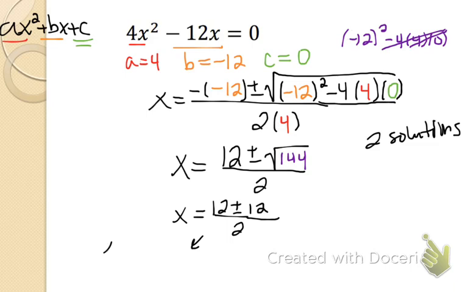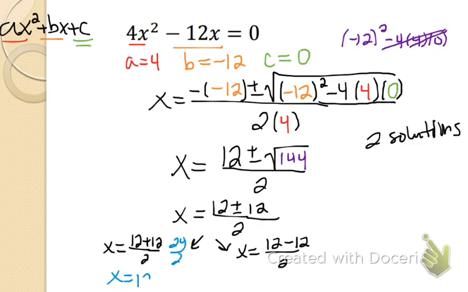So we have two answers. x is equal to 12 plus 12 divided by 2, and x is equal to 12 minus 12 divided by 2. In the first solution, we end up with x is equal to 24 over 2, which gives us 12. So this is our first solution. And our second solution is 12 minus 12, well, that's 0. 0 over 2, 0. And this will be our second solution.